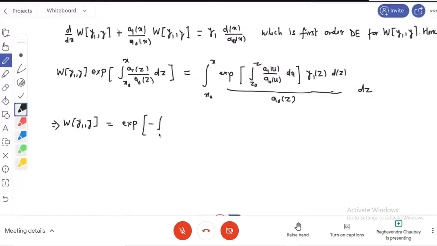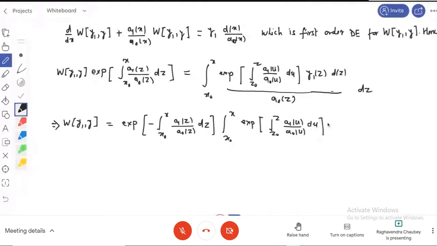This equals the exponential of minus the integral from x naught to x of a1 z over a naught z dz, times the integral of the exponential of the integral from z0 to z of a1 u over a naught u du, times y1 z times the function of z, upon a naught z, integrated with respect to dz. Let us call this equation star.